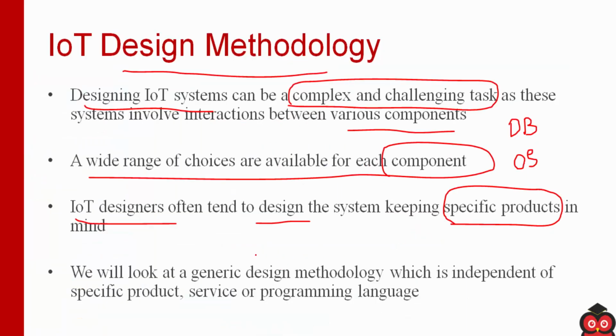Without being tied to any specific product, programming language or any other specific service, we will be looking at a design methodology that is very generic for designing our IoT system. This methodology is independent of specific products, services or programming languages. That means it is an interoperable design methodology.